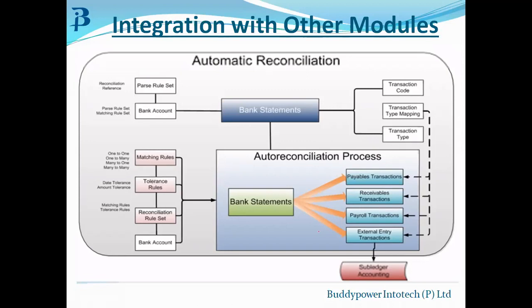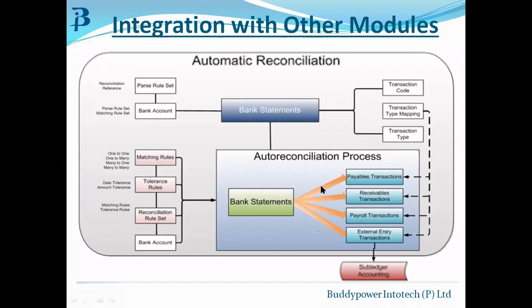And over and above that, there is a new feature that gives the ability to automatically reconcile against the GL journal. In the prior releases, you could only reconcile to AP, AR, and payroll.